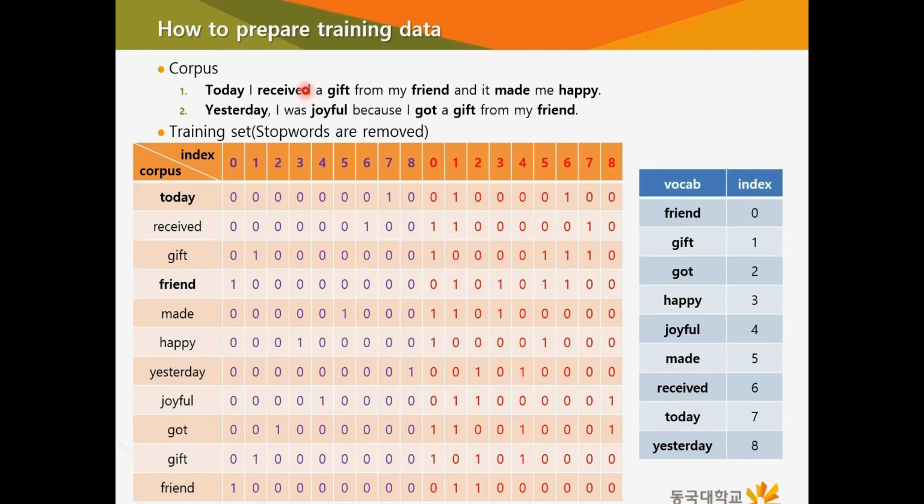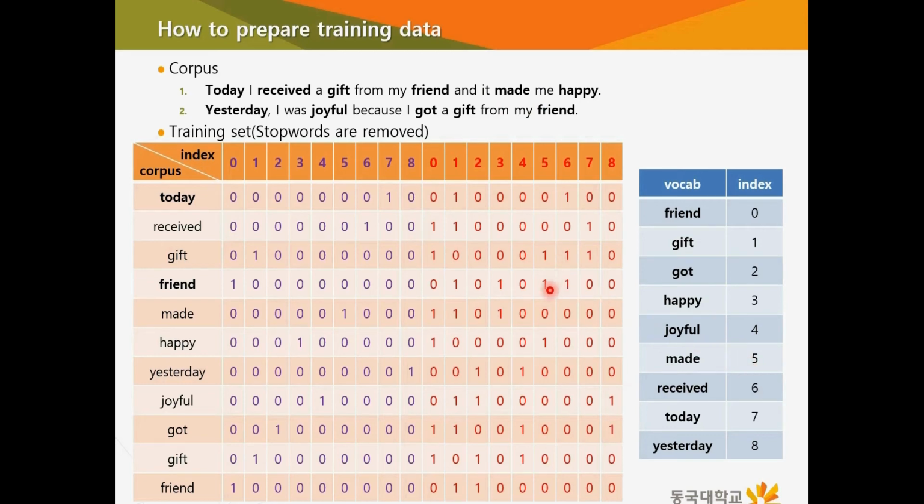So let's see the index of "received". "Received" is at index 6. So in the output label, position 6 is denoted as 1, and "gift" is at index 1. So index 1 is denoted as 1, and then the word "made" is at index 5.